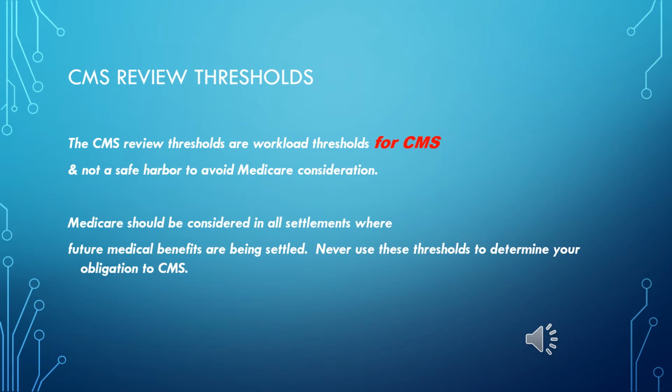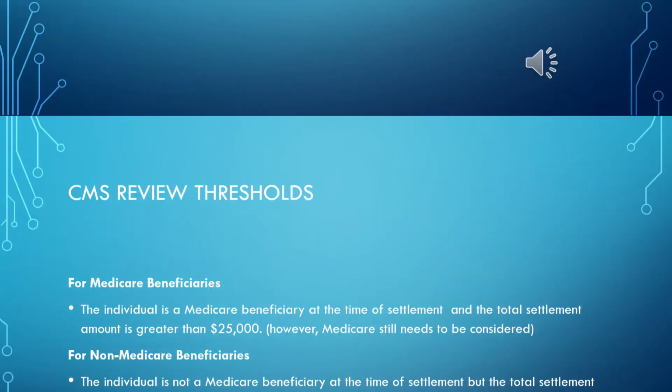It started at $10,000, but now the new threshold is over $25,000. Medicare should be considered in all settlements where future medical benefits are settled. Never use these thresholds to determine your obligation to CMS.